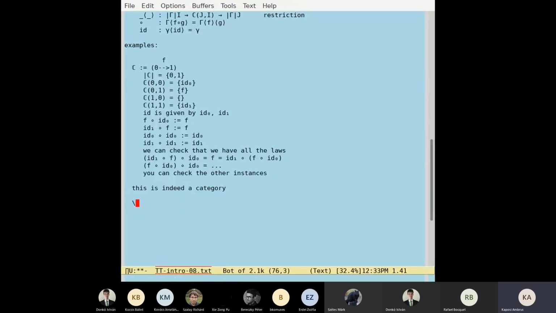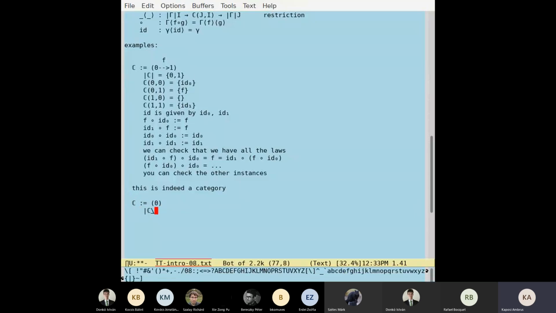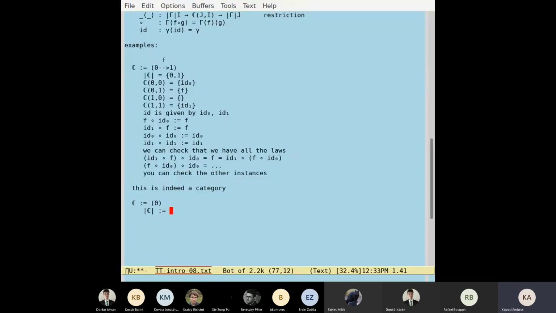Let me define another simple category, the category which only has one object. Let's call it 0. This is how I denote it, and if I want to be precise, I can write it the same way. C here is just a set of one object. We only have one morphism. We only need to say what morphisms between 0 and 0 are, and we only have the identity morphism.